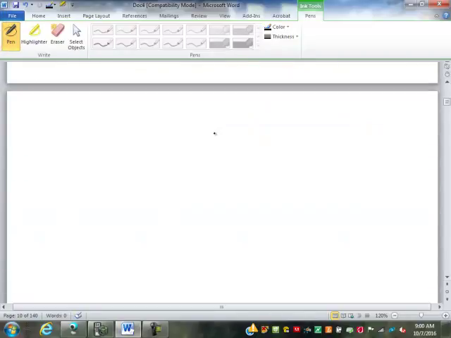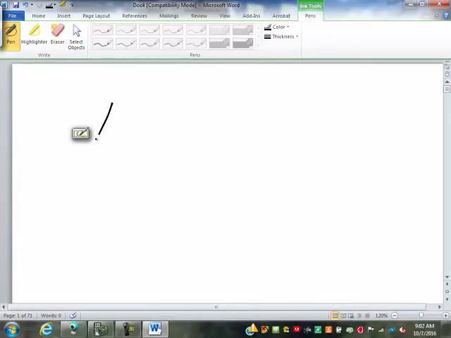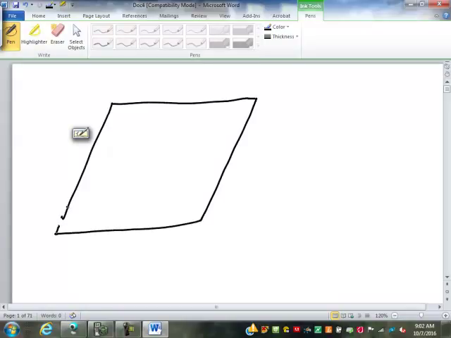So if I give you something like this, if I tell you this is 20 inches, and I tell you that the area is 240 square inches, can we find the perimeter?